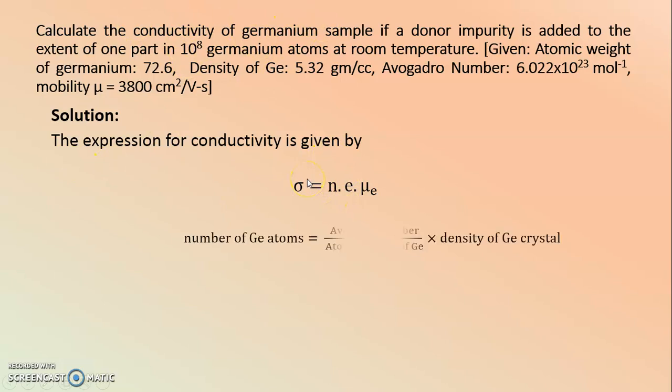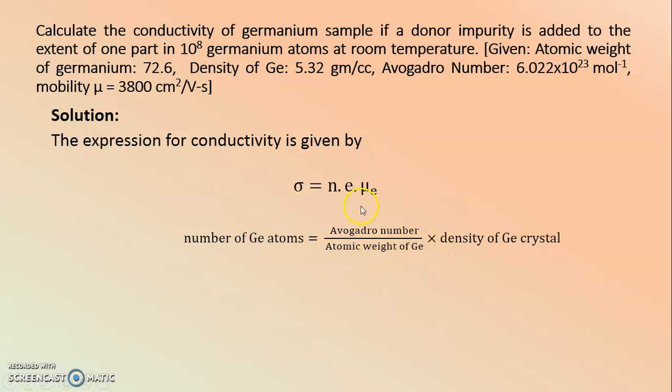For that purpose, we know the standard formula to find the total number of germanium atoms, using Avogadro number, atomic weight, and density. Total number of germanium atoms is equal to Avogadro number divided by atomic weight, into density.